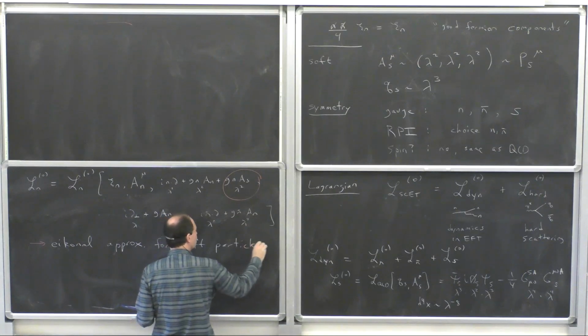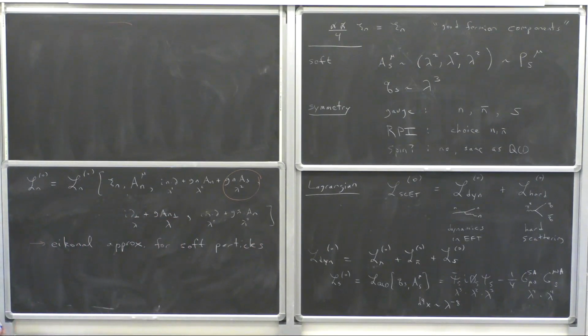For soft gauge fields coupling to very energetic particles, whether they're coupling to energetic gluons or energetic quarks, it's only this n.A_s, and we just see that from the power counting.